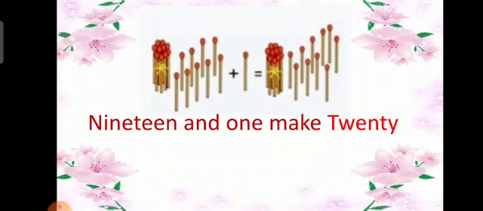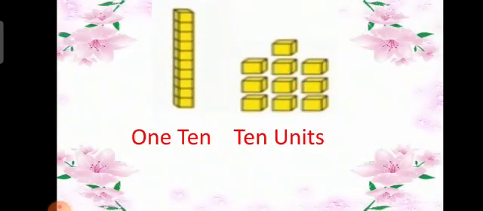Here we have 19 matchsticks and add one more matchstick, so together it becomes 20. 19 and 1 make 20. In 20 we have 2 tens and 0 units. 2 tens is equal to 20.